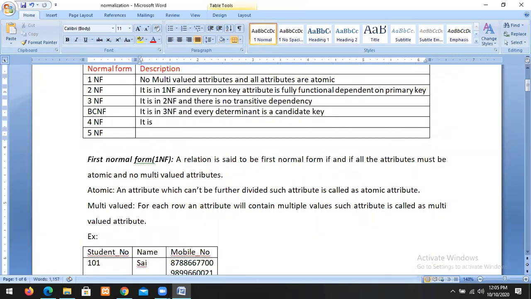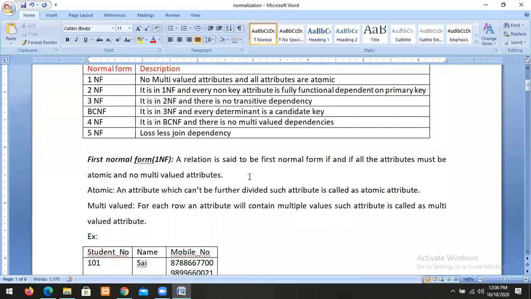It is in BCNF. Lossless join dependency.